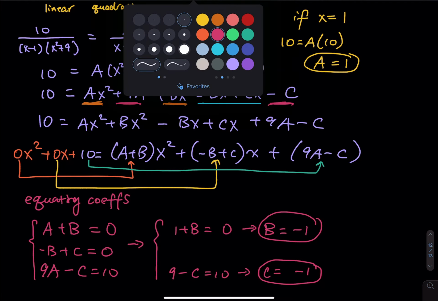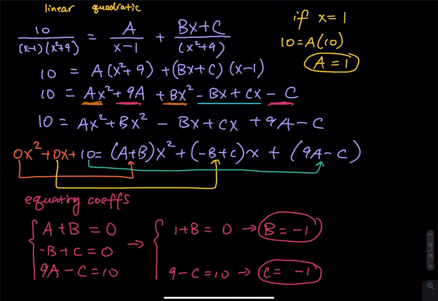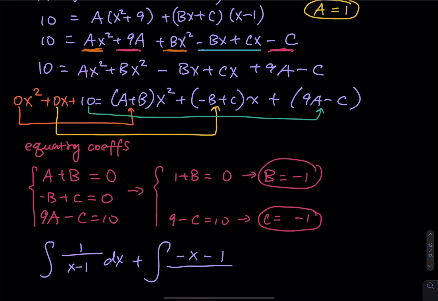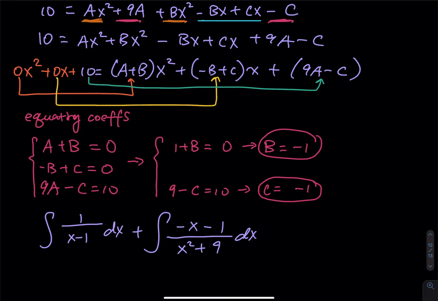So go back to purple. Plug it into where? Plug it into here. Look at the yellow dots, the very beginning. All right, a is 1, so we have the integral of 1 divided by x minus 1 dx, and then plus bx plus c, so negative x minus 1, divided by x squared plus 9 dx.